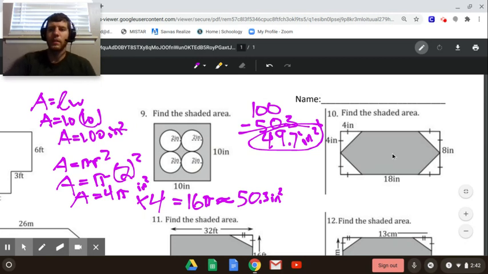So we have a big rectangle that's 18 by 8. It's hard to tell if this is 18 or if the whole thing is 18. So I guess there are different ways to do this one depending on how you interpret the diagram. But length times width, so area equals 18 times 8.